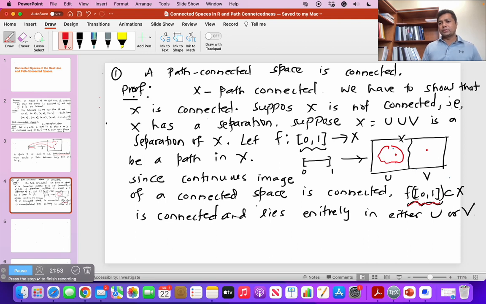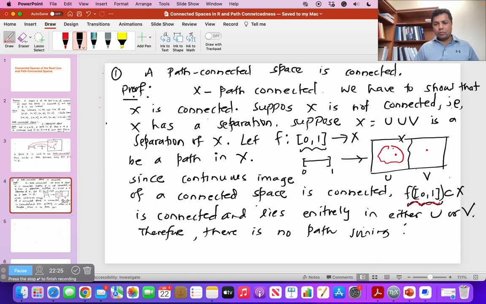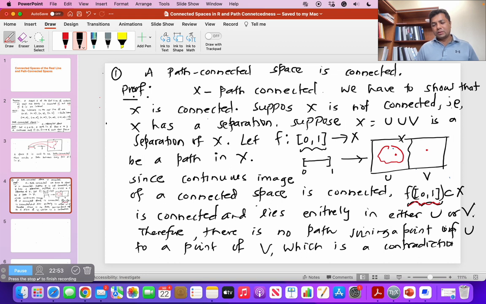If X is path connected, no matter which pair of points you take in X, you should be able to find a path. Therefore, there is no path joining a point of U to a point of V, which is a contradiction to X being a path connected space.